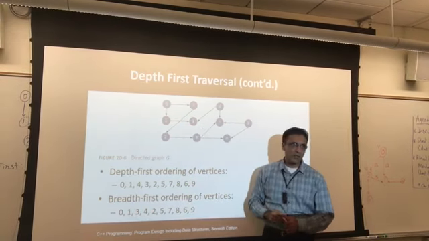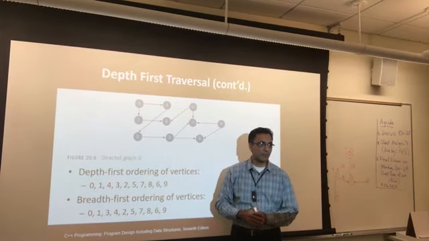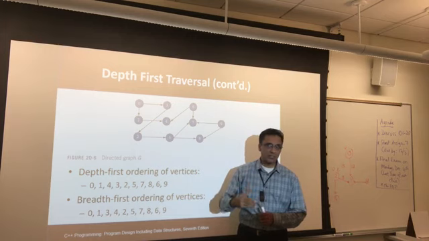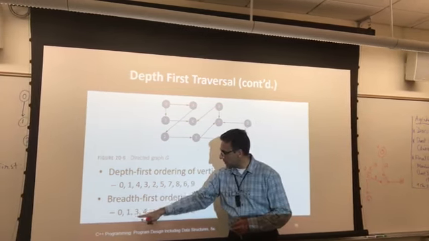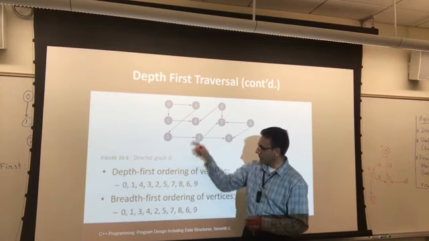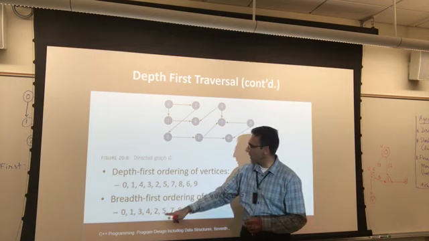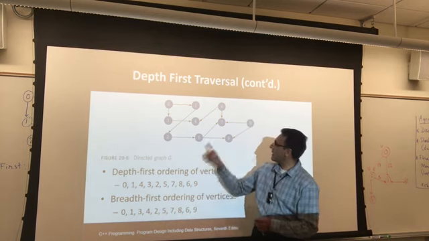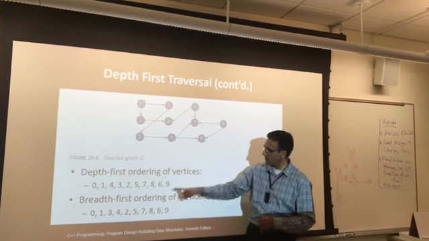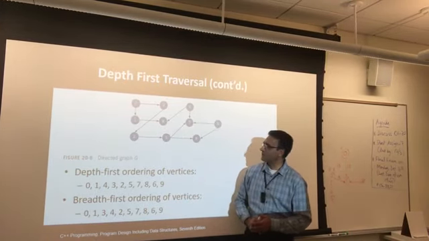It's accessing the breadth of the graph first, not going to the depth. So 0 to 1, then 3, then 4, then 4 to 2, then 2 to 5, then 7. 7 is not pointing anywhere, so then 8, then 6, then 9.